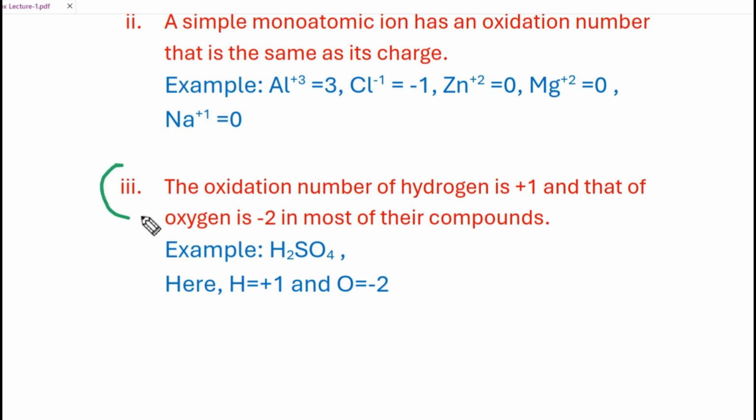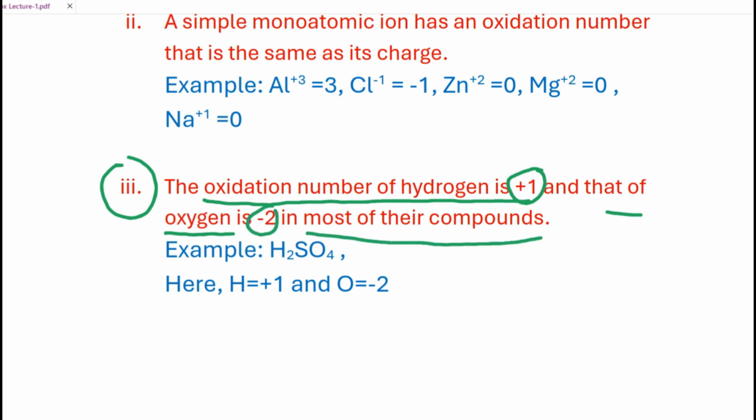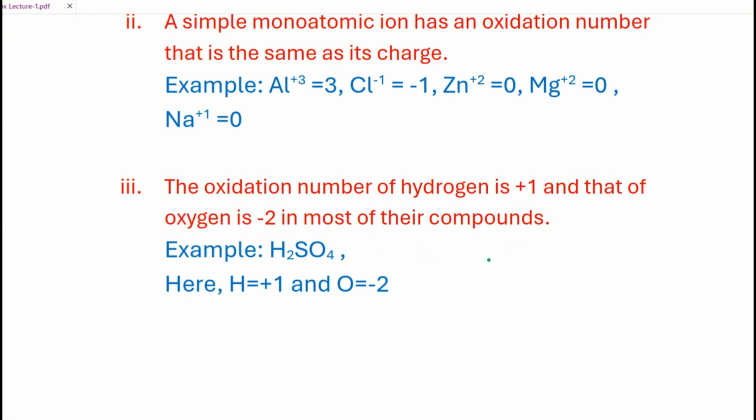Now rule 3: the oxidation number of hydrogen is +1 and that of oxygen is -2 in most of their compounds. I mean, in a compound hydrogen oxidation number is +1 and oxygen is -2. So sulfuric acid is a compound.